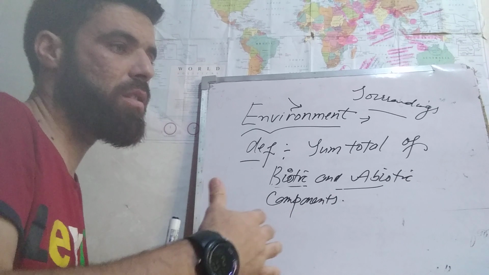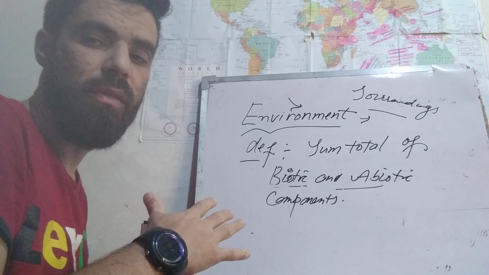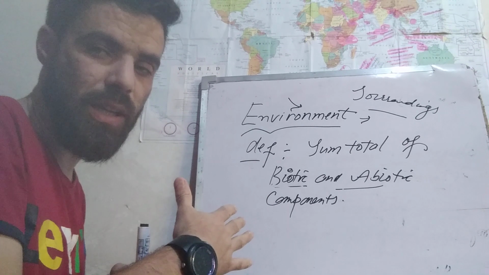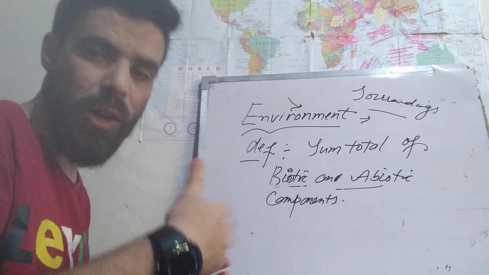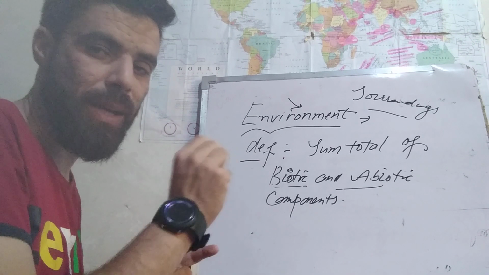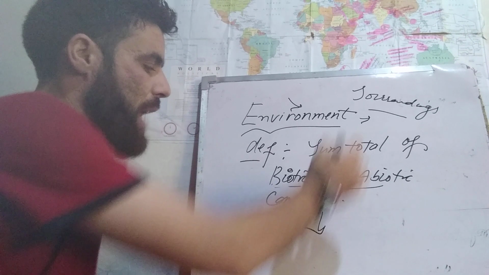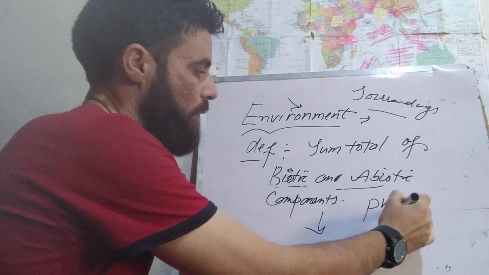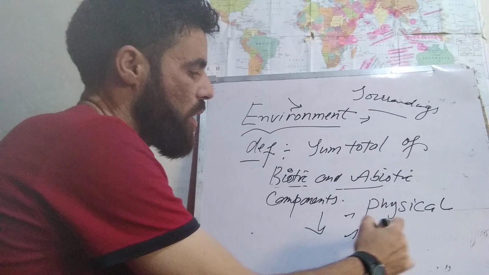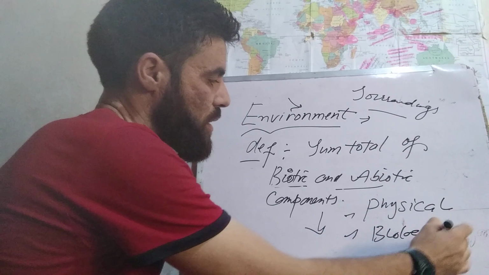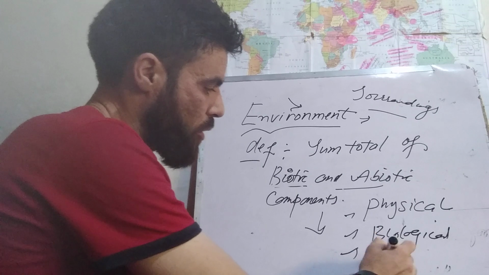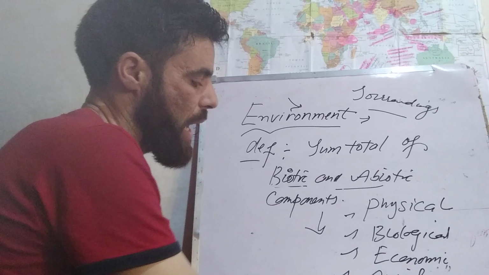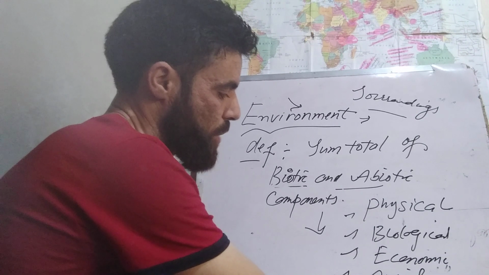We can say, in other words, environment comprises various things. These can be physical, biological, social, political, as well as economic things. So we have physical environment, biological environment, economic environment, social environment, and political environment.